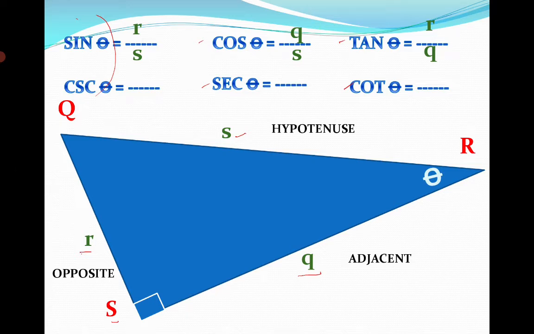Katulad niyan, si sine theta, R over S, kabaliktad niyan is S over R. Si cosine, ang reciprocal niya ay si secant, kaya secant theta magiging, kung Q over S sa cosine, sa secant magiging S over Q. Sa cotangent naman, kabaliktaran niya is si tangent. So, kung ang tangent theta natin is R over Q, ang cotangent natin is Q over R.